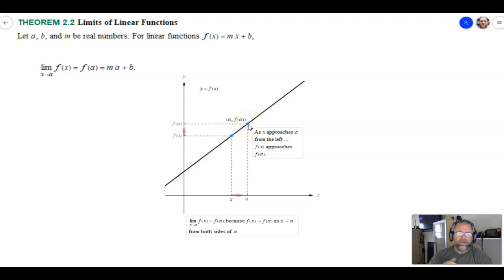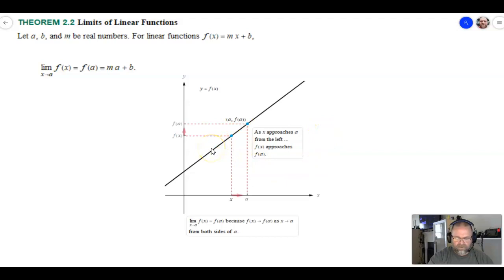Because linear functions have a domain of all real numbers, so from negative infinity to positive infinity, there's no point where they're not defined, and they're also continuous, which means that you're not going to have a hole in the line with some other point being where the function is defined. So here's the first one.